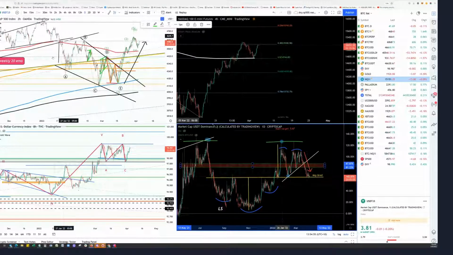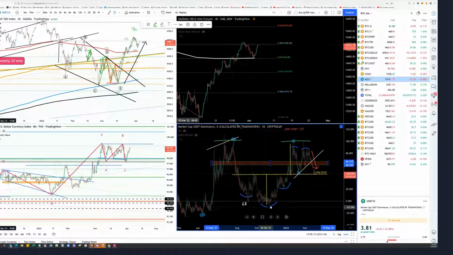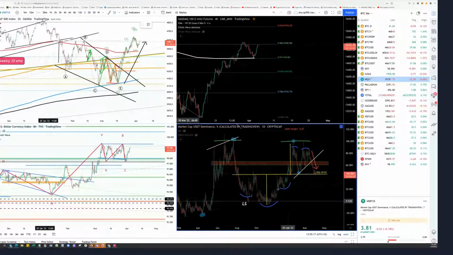So on my top left, we have the S&P 500, the top right, Nasdaq, which is the technology space, US dollar, bottom left, and tether dominance. So when we broke this level and broke this trend line, we had a good Bitcoin move. Historically, this was the hairline or the neckline for this area, which is pretty strong resistance, and now we're finding support.